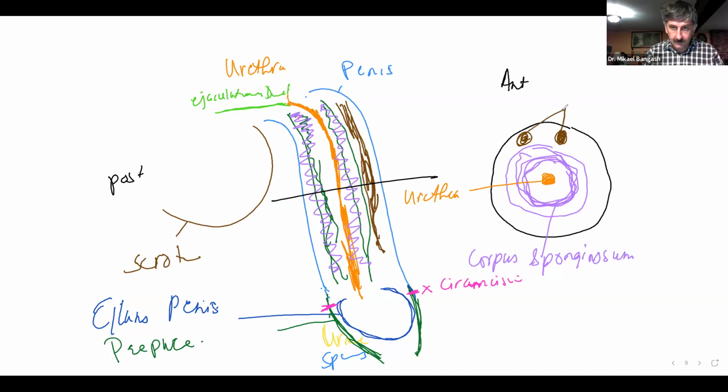There are these paired muscular bodies here, which are going to be referred to as corpus, let me just write that, cavernosum.